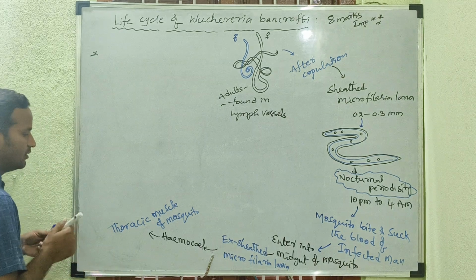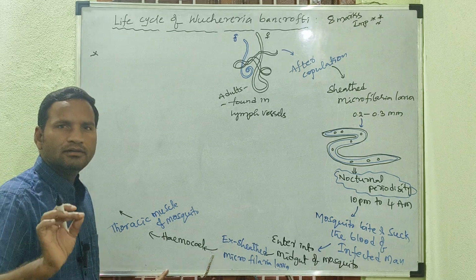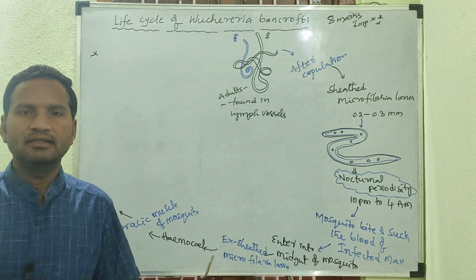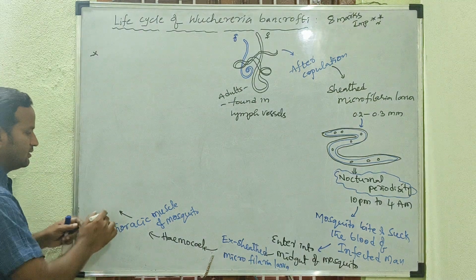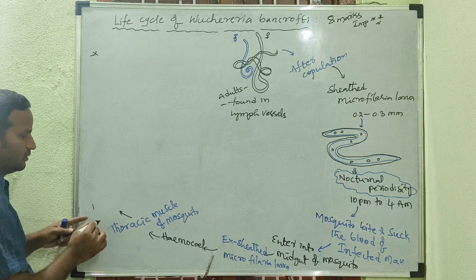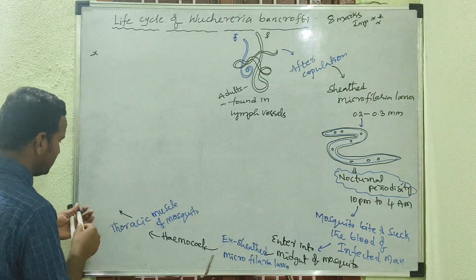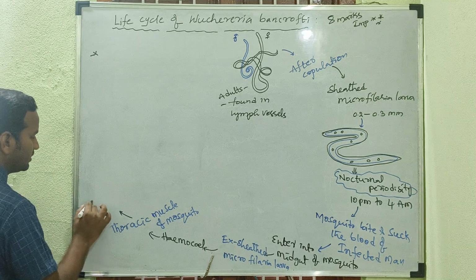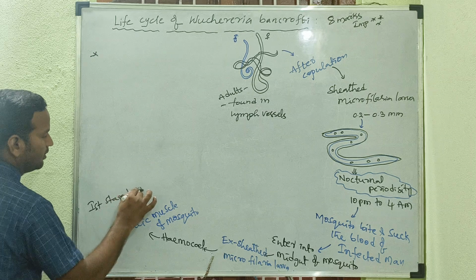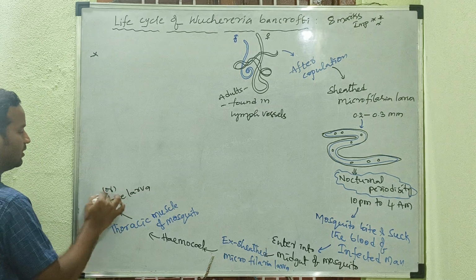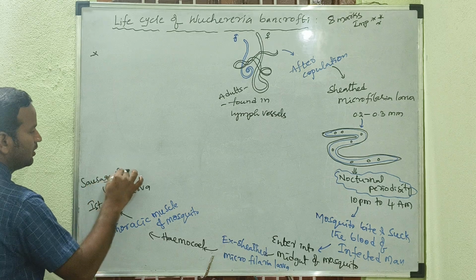There, it undergoes what? The first and second molting, as a result third stage larva. It undergoes first molting. Simple, right? It is converted into first stage larva, also otherwise called what? Sausage shaped larva.